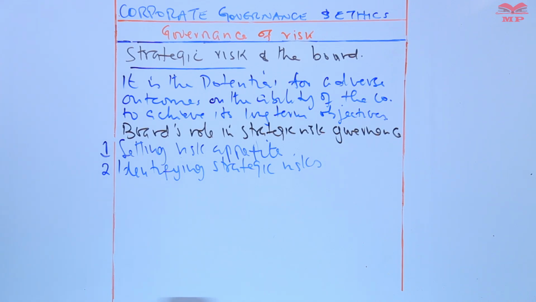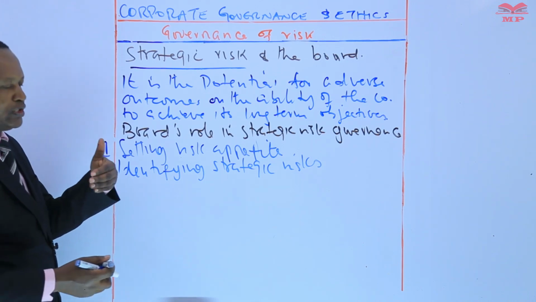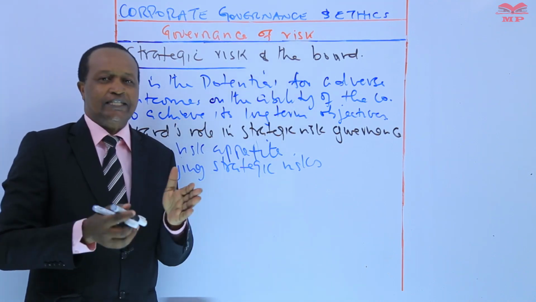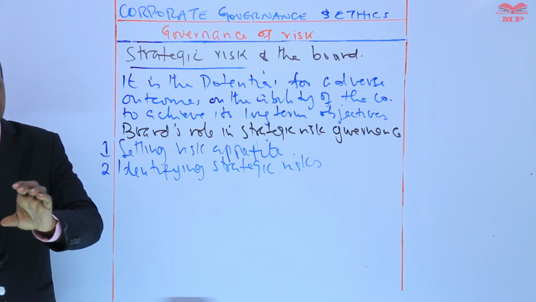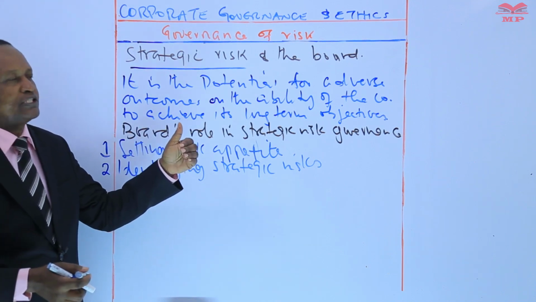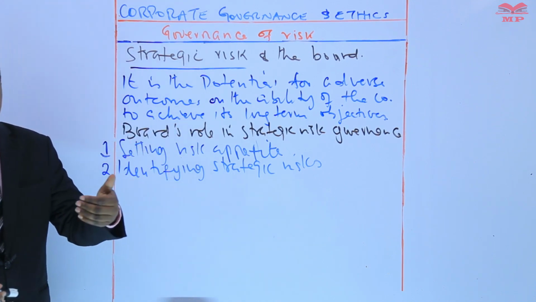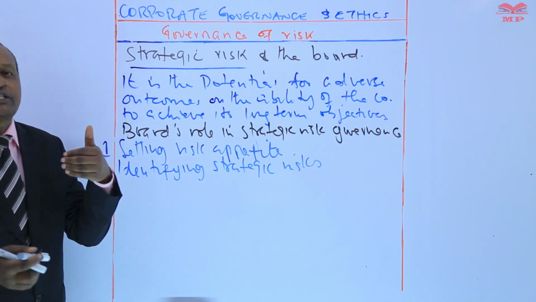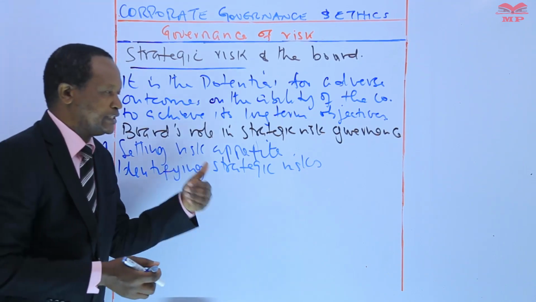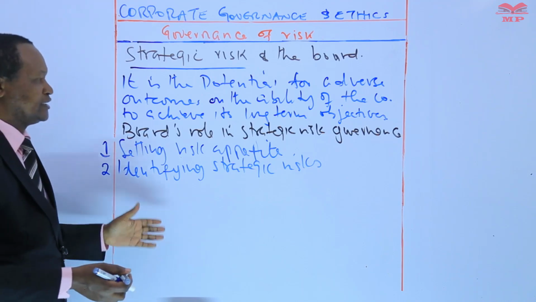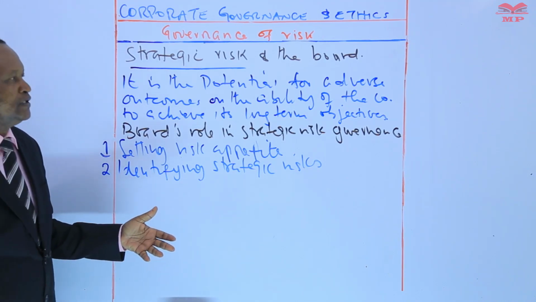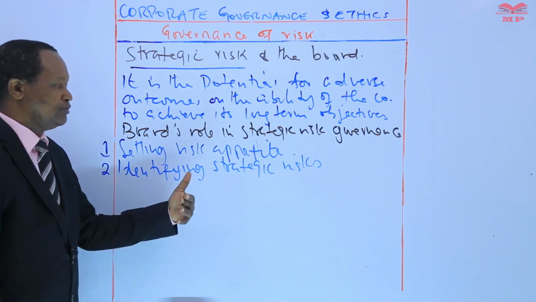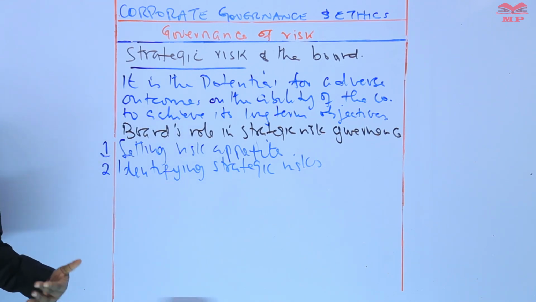The board works with management to not only identify but also to assess potential risks that could disrupt the company's strategy, such as changes in the market, disruptive technologies, regulatory shifts, and reputational damage. Those are some of the risks that can affect the company's ability to achieve its long-term objectives.